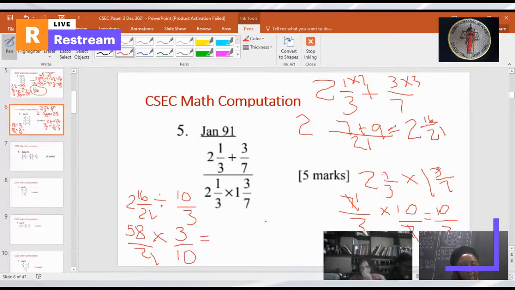Cancel the 3 and the 21. 3 into 3, 1. 3 into 21, 7. And we can cancel these two, right? So 2 into 10, 5. 2 into 58, 29.